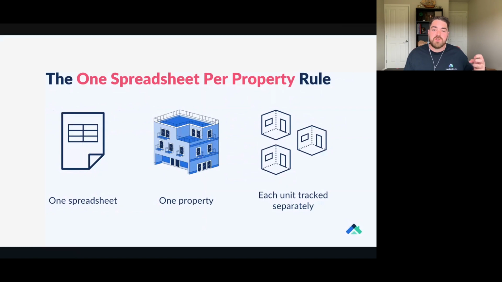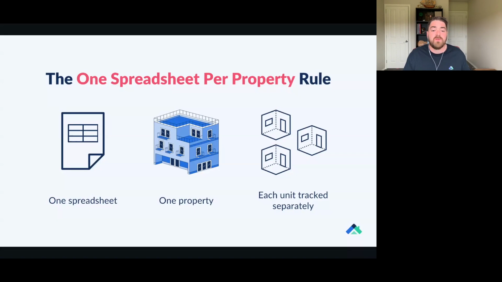And tracking each unit individually will allow you to see which are cash flowing as expected and where optimizations can be made, while also giving you a full summary of your property's financials for tax time. So doing this right is absolutely essential if you want to maximize your end of year deductions and ultimately increase the ROI of your portfolio.